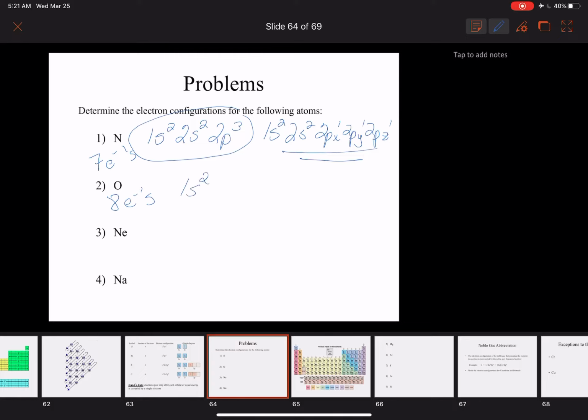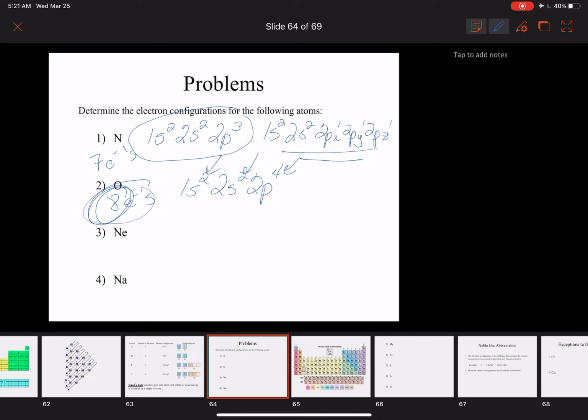So we have 1s2, 2s2, 2p, and then this time it'll be 2p4 because we need to distribute 8 electrons, and 2 plus 2 plus 4 is 8. Okay, so we've got 1s2, 2s2, 2p4.